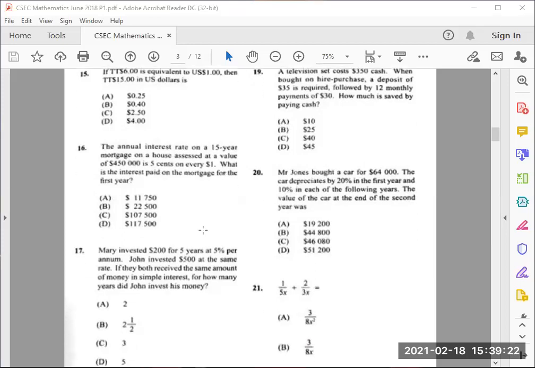The annual interest rate on a 15-year mortgage of a house valued at 450,000 is 5 cents for every dollar. What is the interest paid on the mortgage for the first year? Number 16.